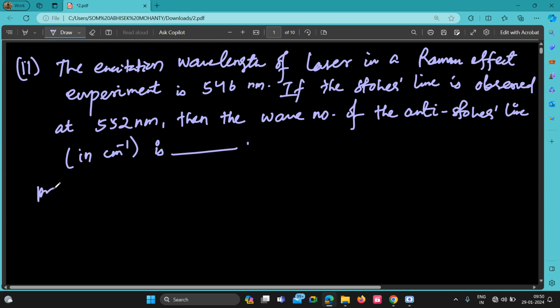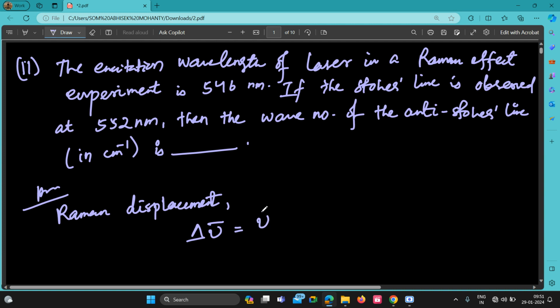If you see here, we know the Raman displacement. Delta nu bar is equal to nu bar anti-Stokes minus nu bar Stokes.